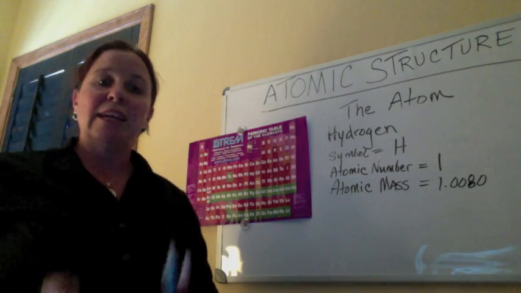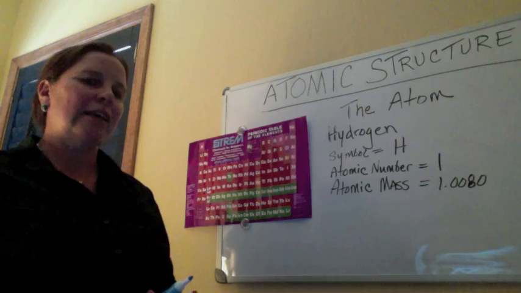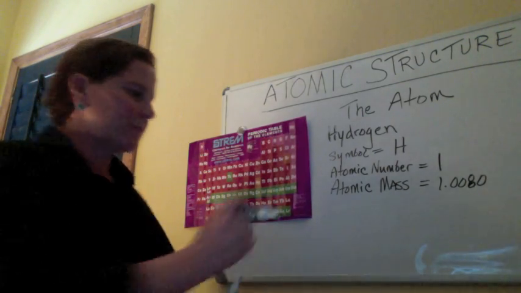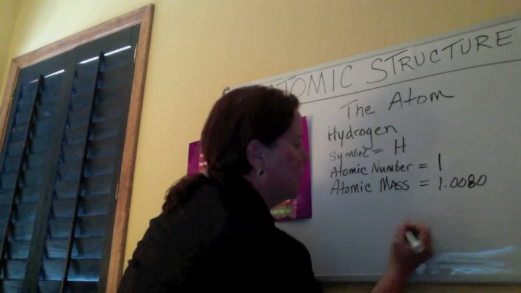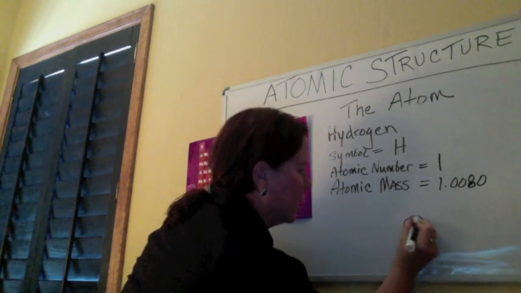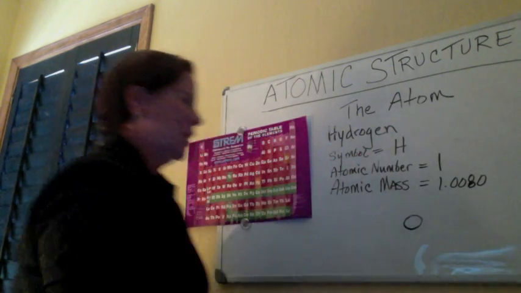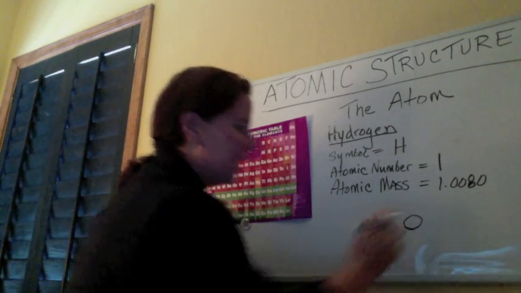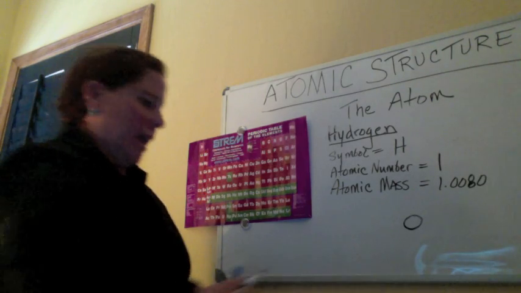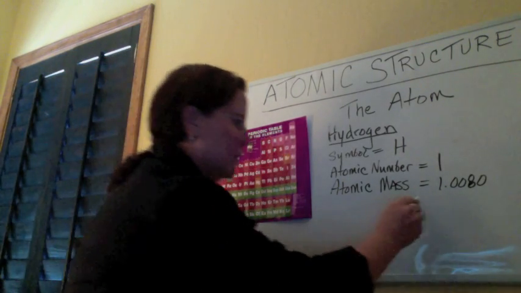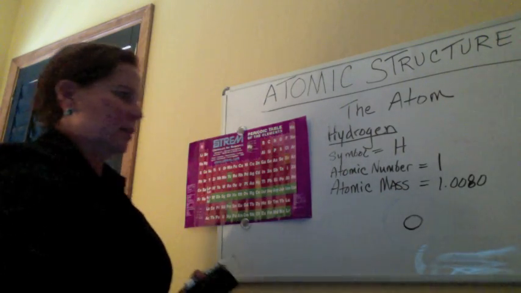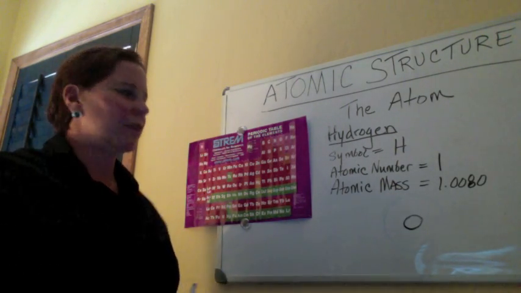Okay, so let's look at what that's going to look like when we look at the atom. So we're going to go back to our structure. So a hydrogen atom, and you're going to want to draw this in your notebook next to all your information on hydrogen. Okay, you're going to have a nucleus, and you're going to have this out here for the electron. Okay, so let's talk through this.